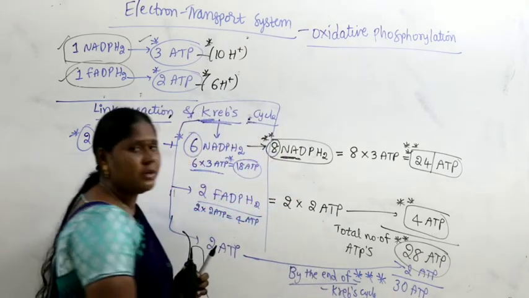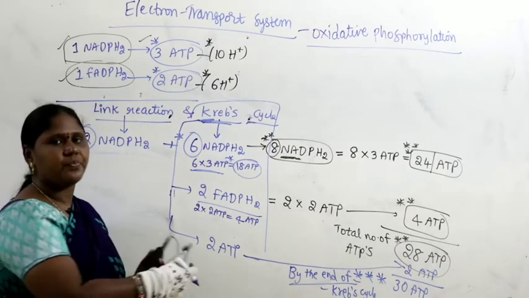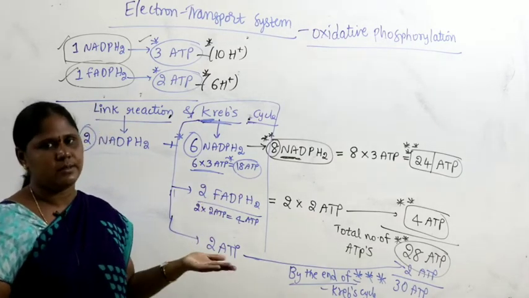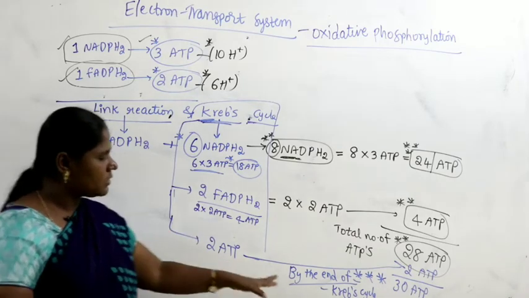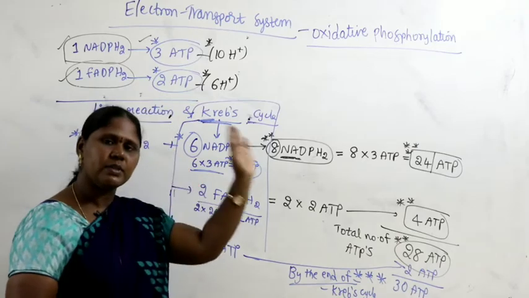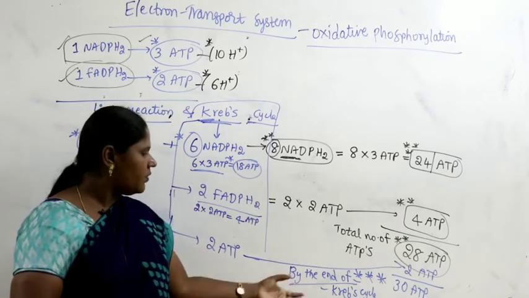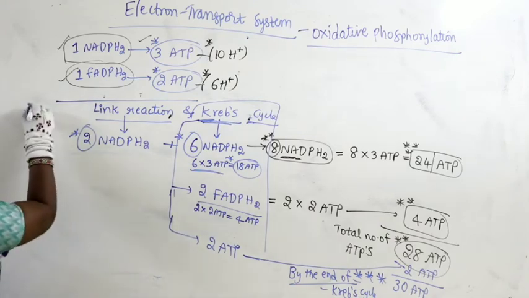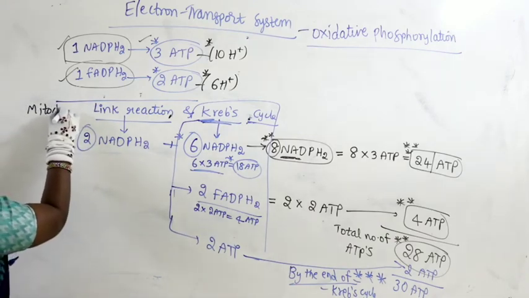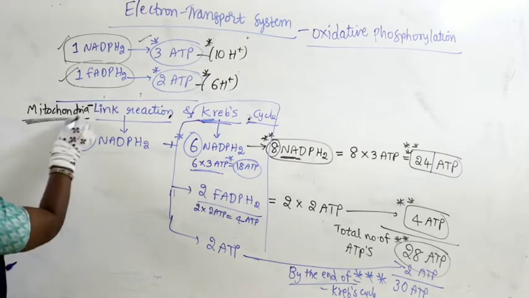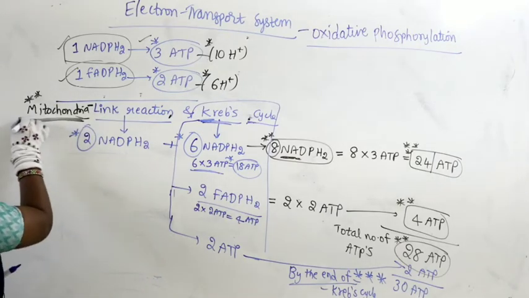In aerobic respiration, excluding what? Excluding glycolysis. Okay, this does not include glycolysis. So excluding glycolysis means without glycolysis, we are discussing only the things which happen in mitochondria. So for all the calculations we discussed, how much energy is produced only in mitochondria.